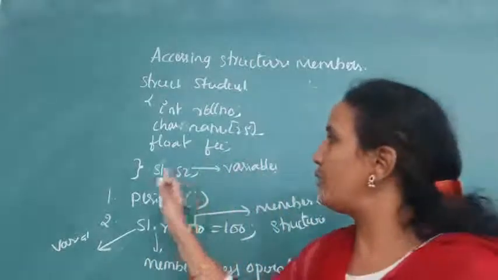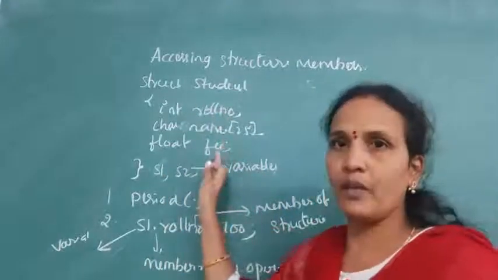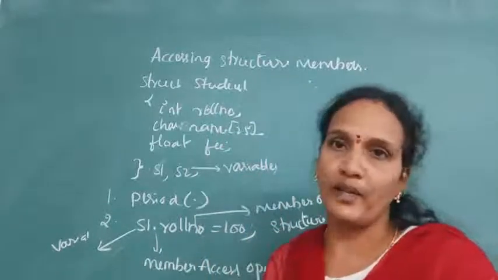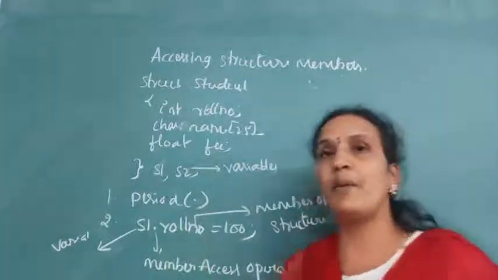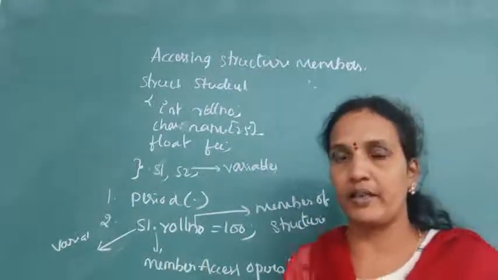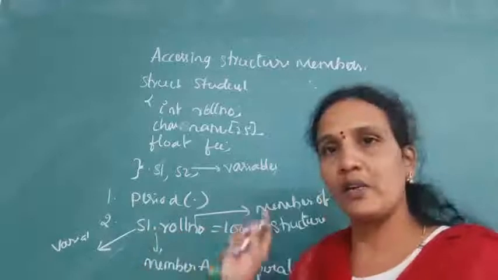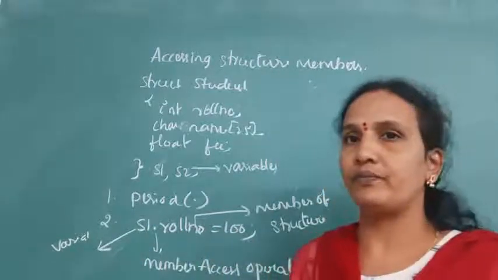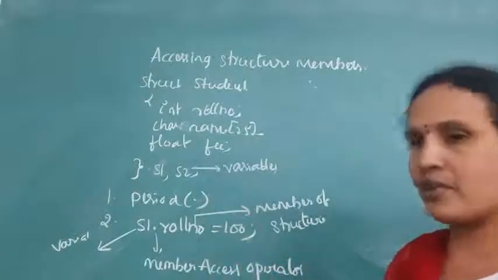So whichever variable wants to use the structure member, that variable name and member name should be separated by a dot, and the dot is called the member access operator. What is the dot called? It is called the member access operator. Okay, you take a screenshot of this.